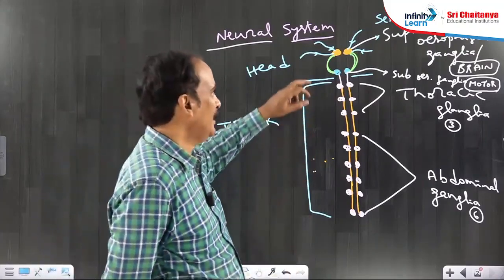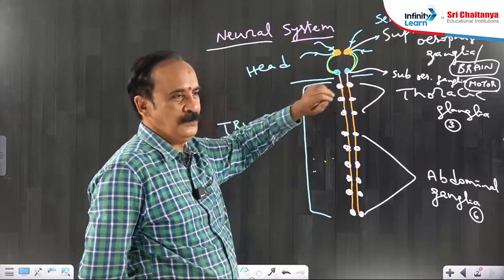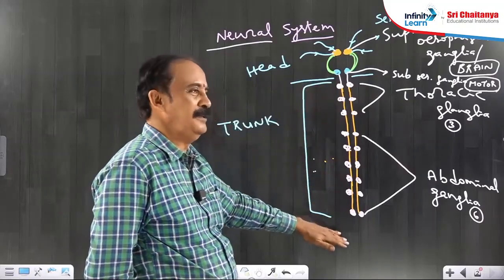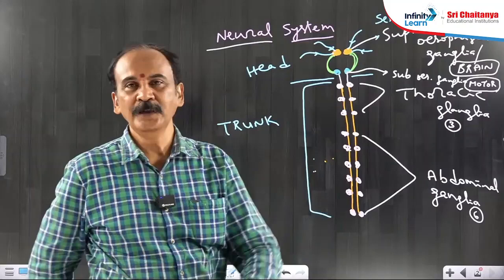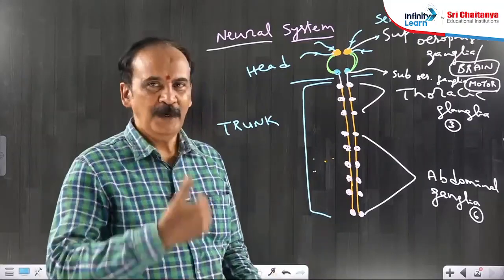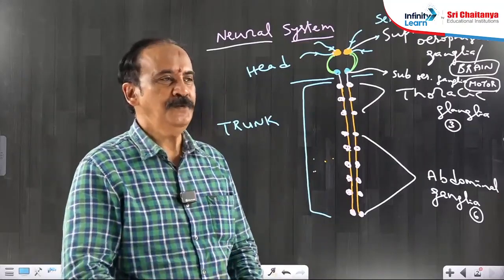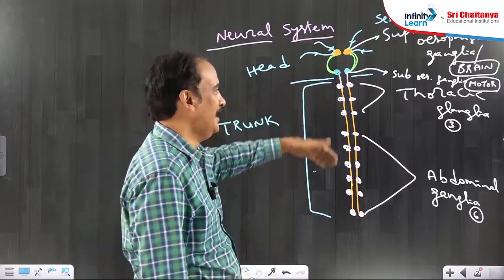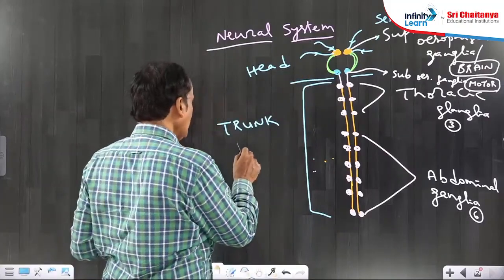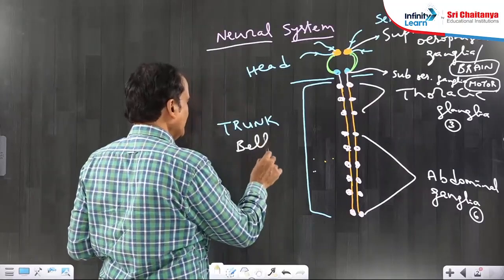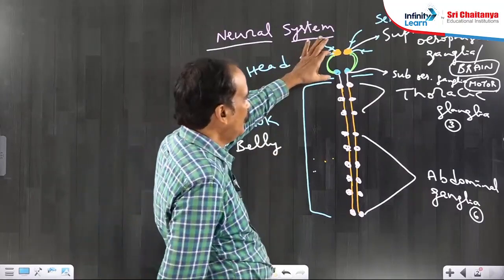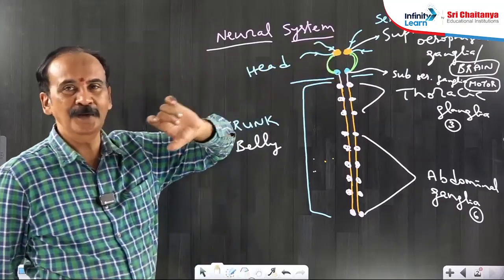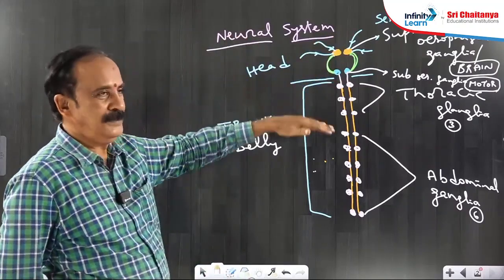Cockroach may not die when you cut the head, because most of the nervous system is present in the ventral part of the body called belly of the animal. The ventral side of the animal is also referred to as the belly. So most of the nervous system is there in the belly part of cockroach. Only a little, that is brain along with subesophageal ganglion, are the structures you can see in head.